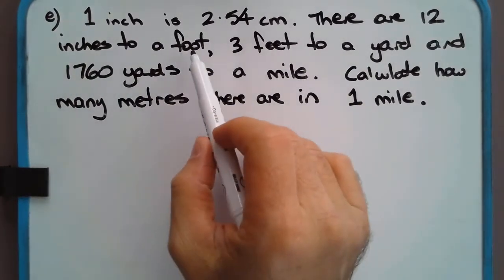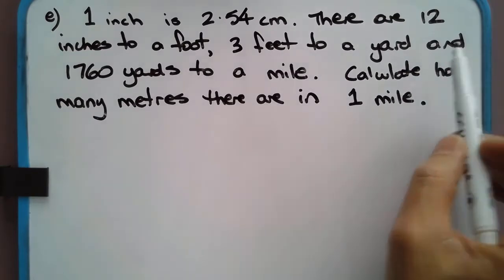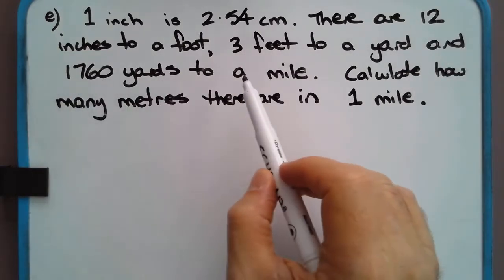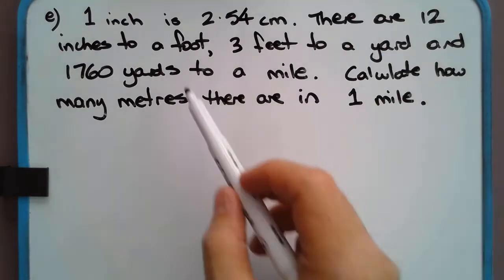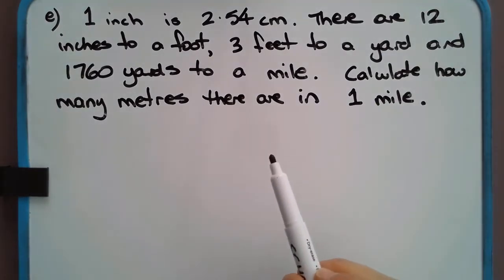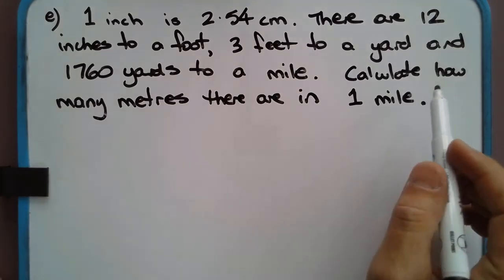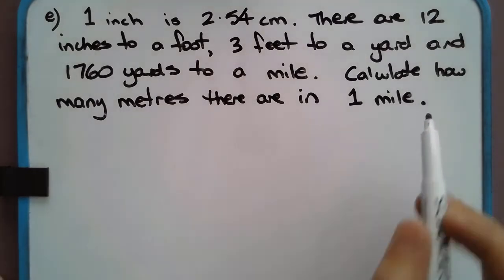There are 12 inches to a foot, 3 feet to a yard, and 1,760 yards to a mile. If you travel to the United States, it's good to know this. A lot of their street signs are in miles or in fractions of a mile. This is the more common unit of measure of length in the United States. Calculate how many meters there are in 1 mile.